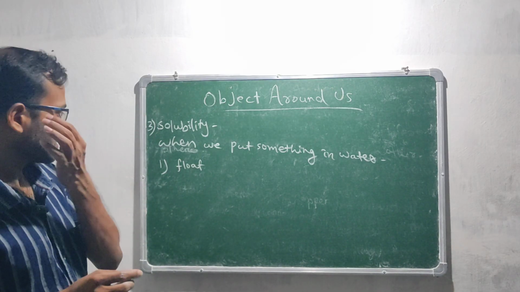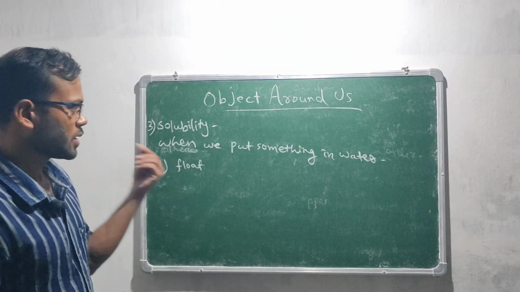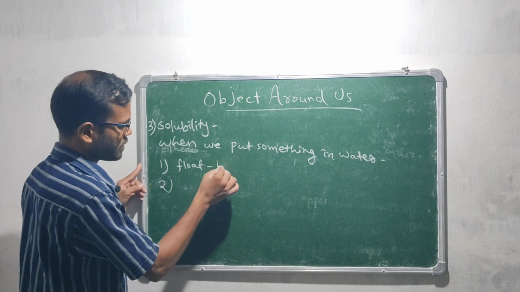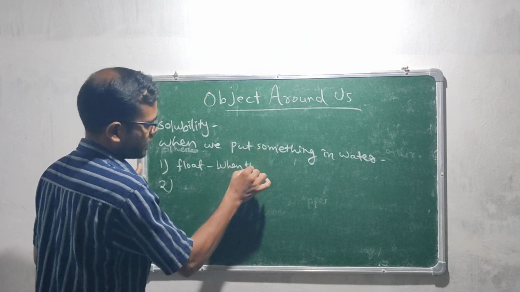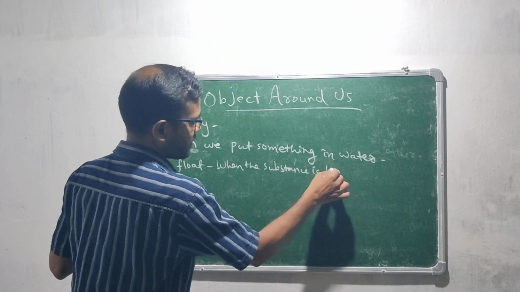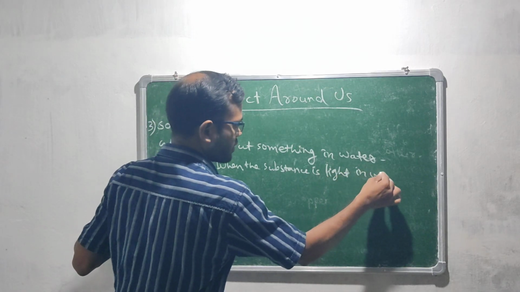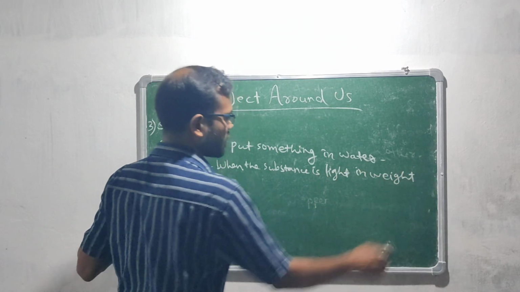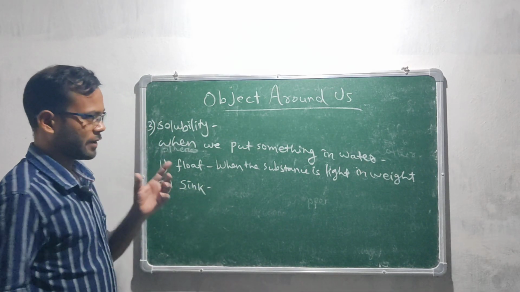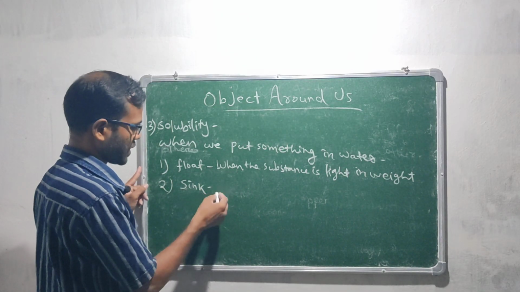If the substance is light, not heavy, light in weight, then it will float in the water. But when the substance is very heavy, then it will sink in the water, at the bottom of the water.